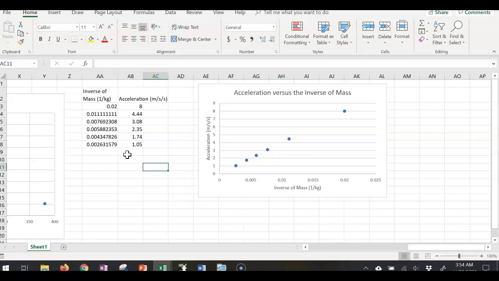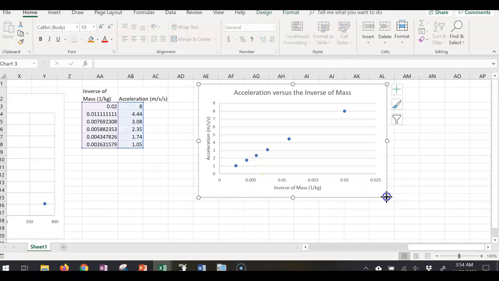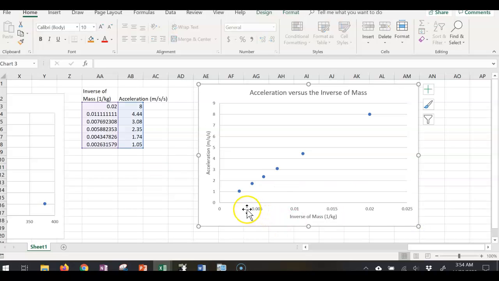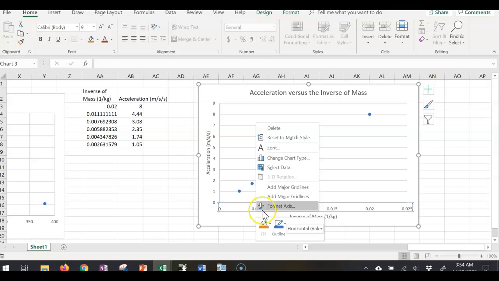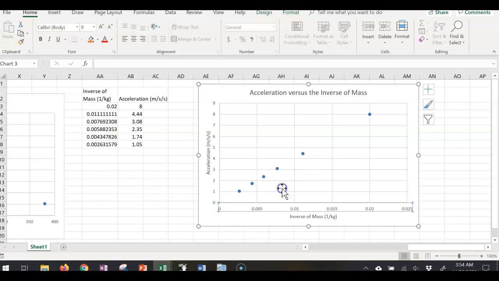And I'll let you do that because I know you know how to calculate the slope. By the way, I'm not sure why it's not showing me grids here, but if you click on one of the numbers for this x-axis and do a right mouse click, we can add major grid lines.